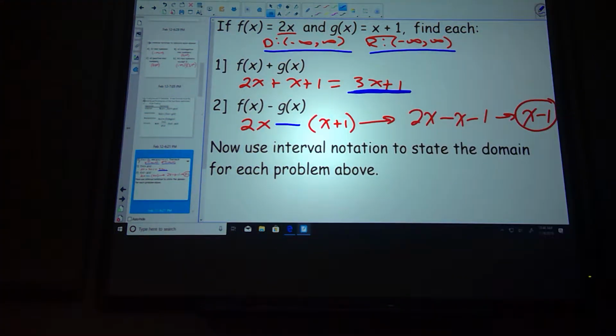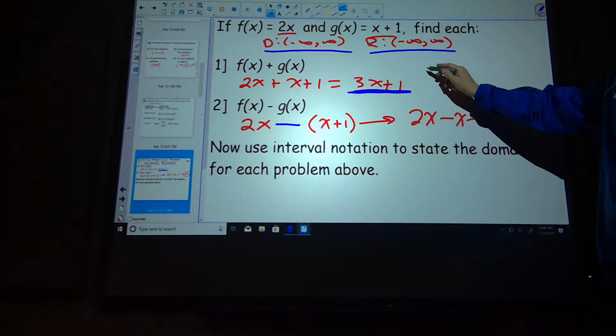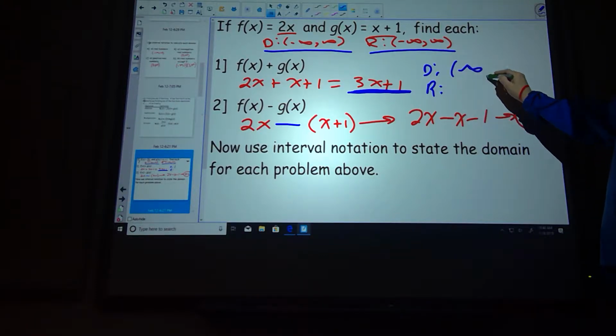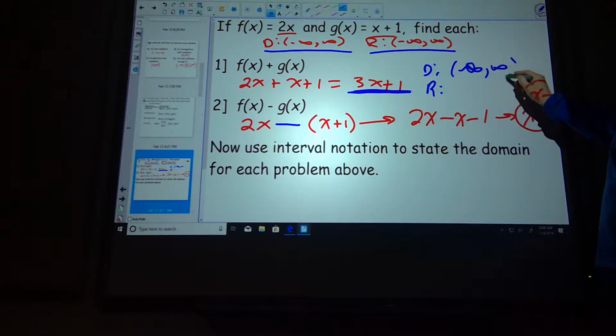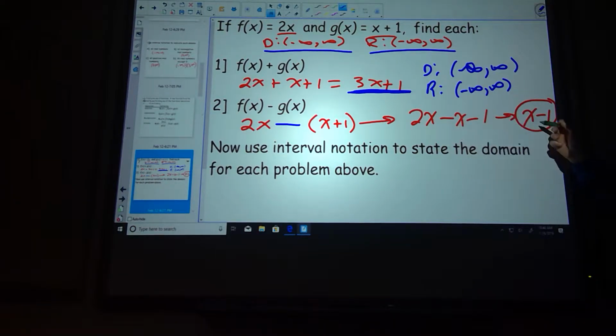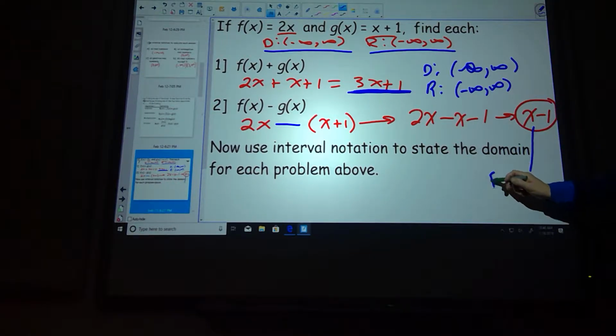Do I have an x in the denominator or x under a radical at all? Nope. So my domain and range are still negative to positive infinity. And then this one, same idea. This is still domain negative to positive infinity, range negative to positive infinity, meaning I plug numbers in, I get numbers out, nothing really changes.